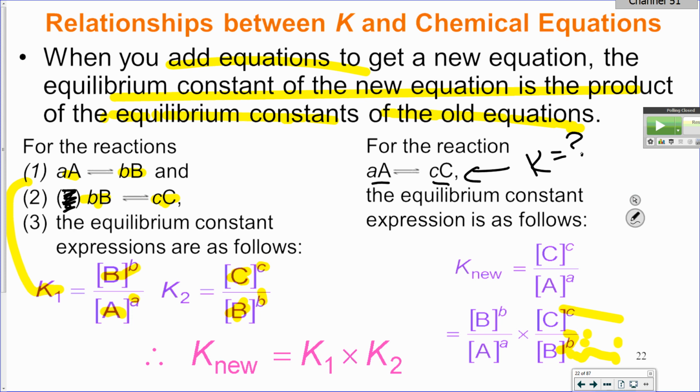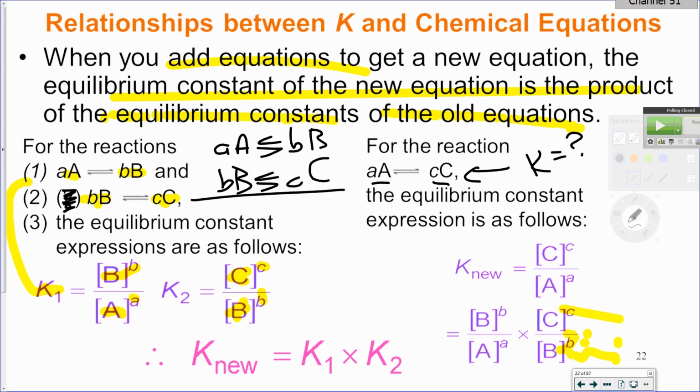So I could take little a to the A yields B to the B, and little b yields little c to the C. If I add those 2 things together, what's common to both sides cancels out. So the net reaction I'd have is little a yields little c.